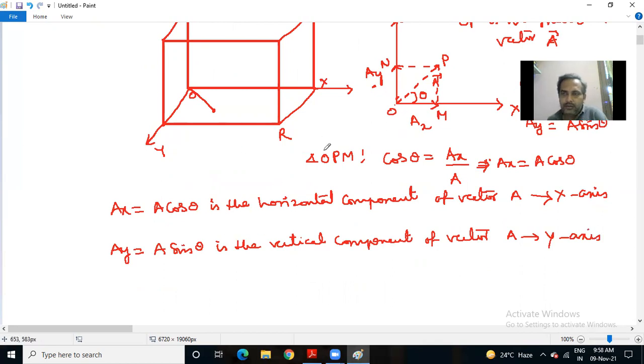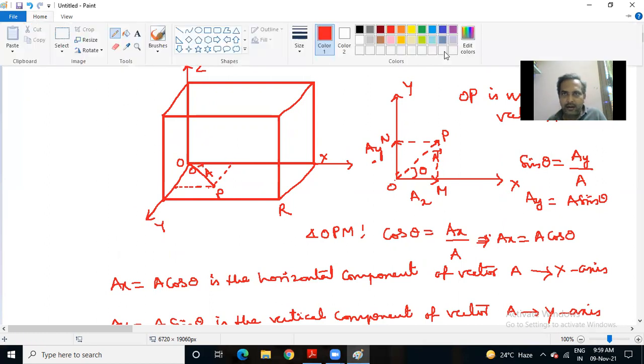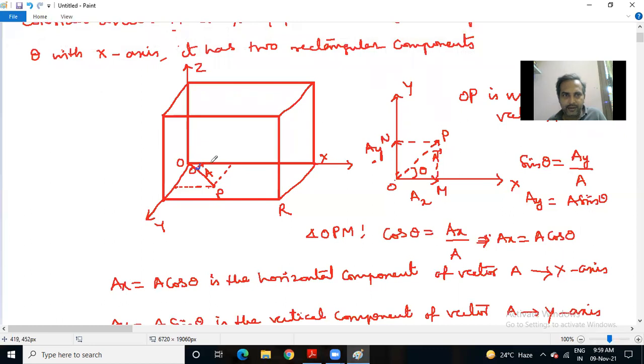It is a very useful concept, and even in the three-dimensional picture you can draw like this. You can construct the right angle triangle like this, one perpendicular onto the y-axis and onto the x-axis, then you will get the same. This is vector A, O to P. If you give theta here along the x-axis, this is to be called AX, equal to A cos theta.